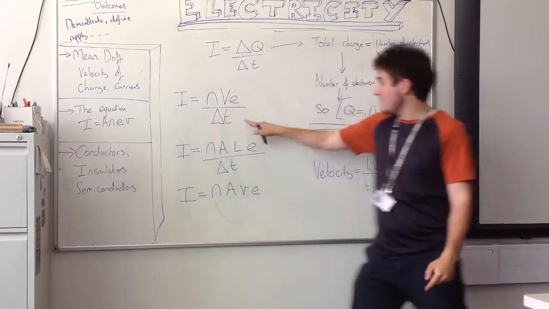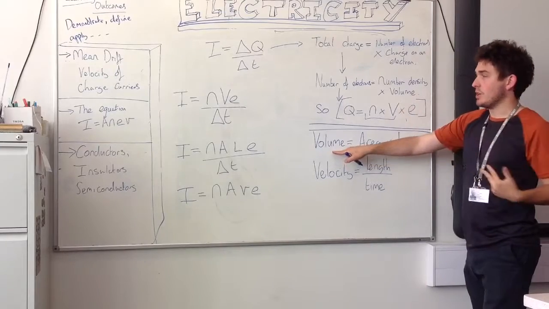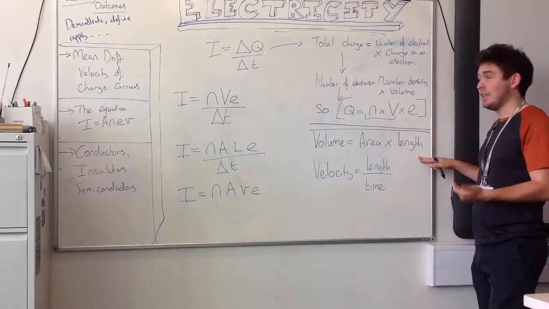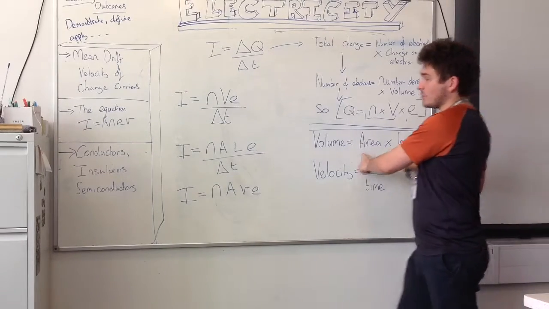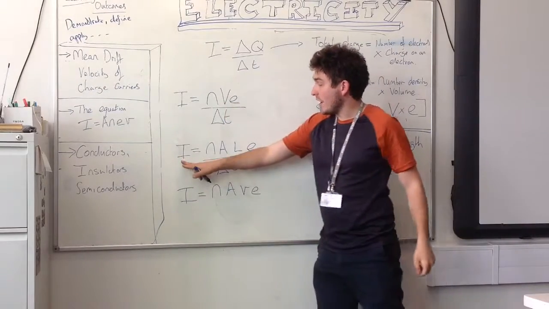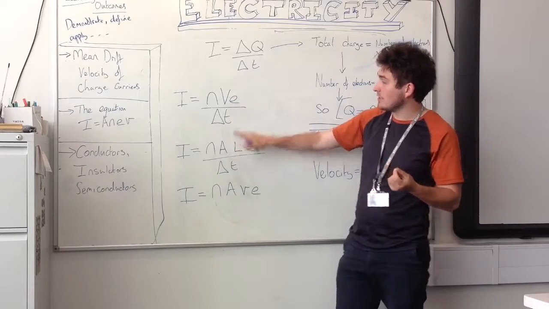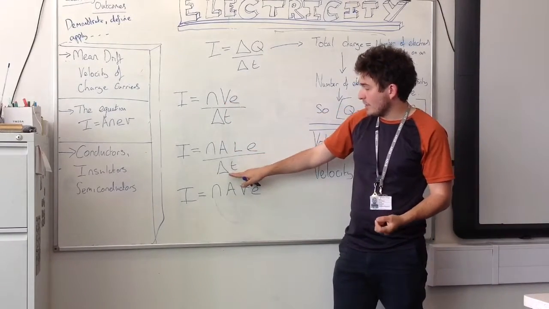Now, we can see, if we look below, how we can express some of these terms in a different way. Volume is equal to the area times the length. So we're going to put that in instead. Instead of volume, we're going to have I equals number density times the area times the length, times e divided by delta t.